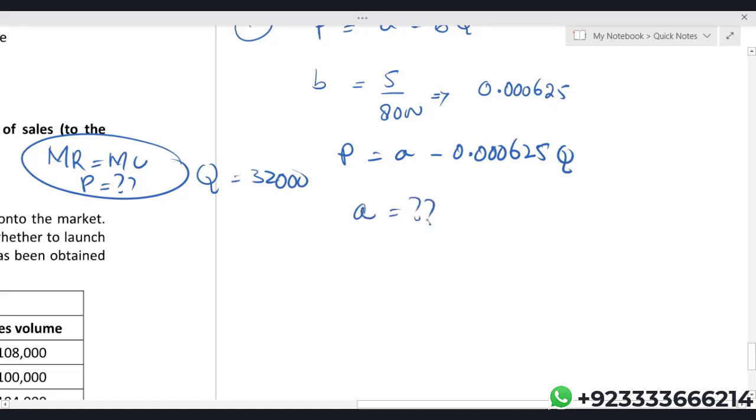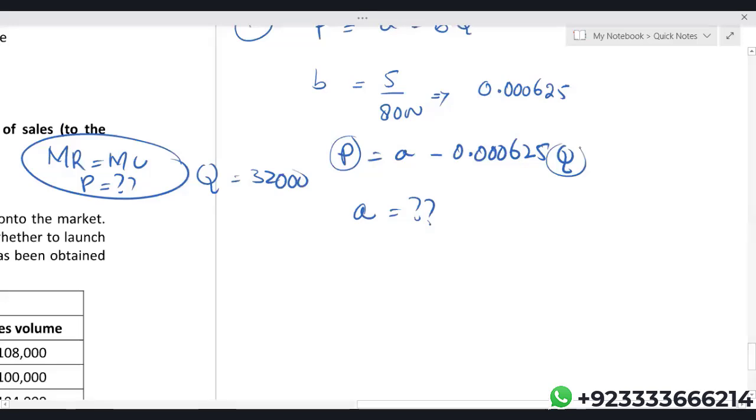For finding A, the price where demand is going to be 0, we need to put the relationship between price and quantity which is already given. Like at what price, what will be the quantity? Just put that, you will get A.